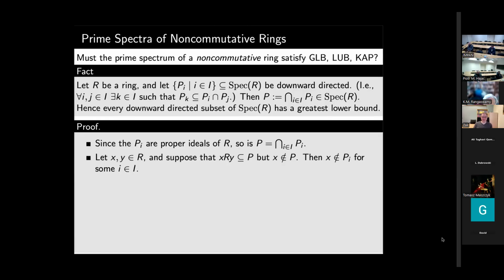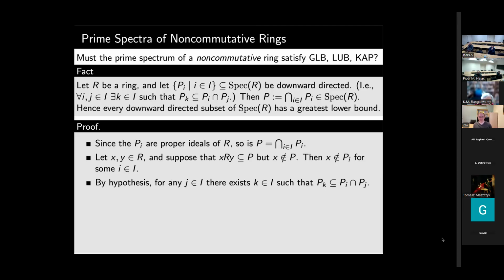So to do this, let's take two elements, x and y, and suppose that xy is contained in this intersection. And now we just need to show that either x or y is contained in it, and then we're done. So suppose that x is not. Let's try to show then that y has to be. If x is not contained in the intersection, then it's not contained in at least one of those P_i's. So let's set that aside.